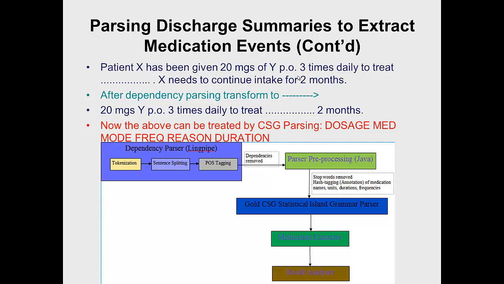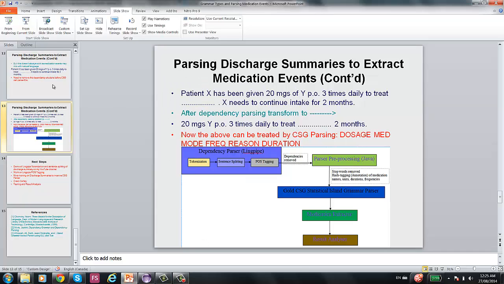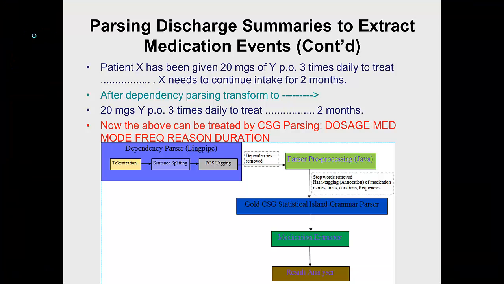So we do dependency removal. By removing the dependency grammar, we take out patient X has been given and we keep 20 milligrams Y PO 3 times daily to treat, and then we take out needs to continue intake and keep 2 months.